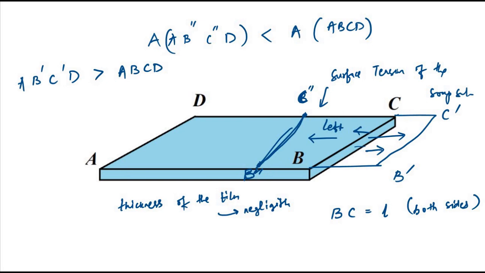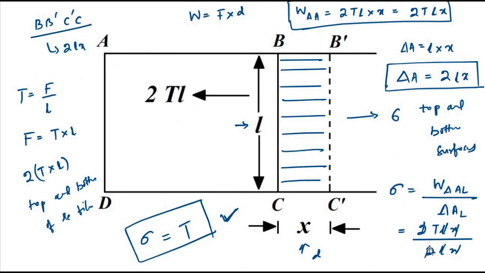The total work done was equal to 2TLx, and the surface energy was equal to 2TLx by 2Lx, which is equal to T. So this is all about surface energy.